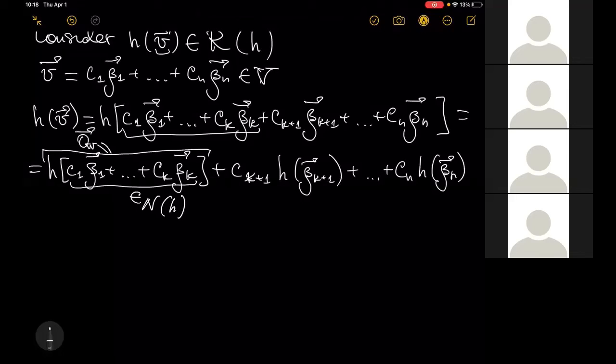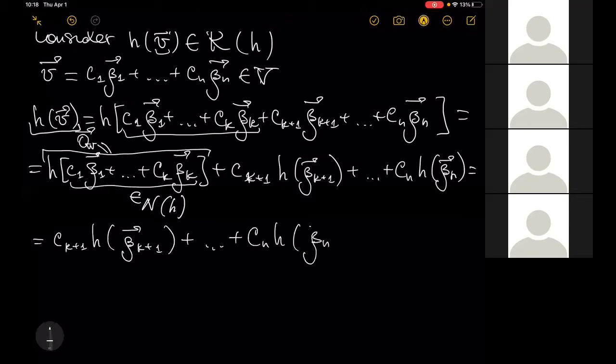It's the 0 vector in the space W, right? So it means that I started from an arbitrary vector in the range, and any vector in the range can be represented as a linear combination of these vectors, right?